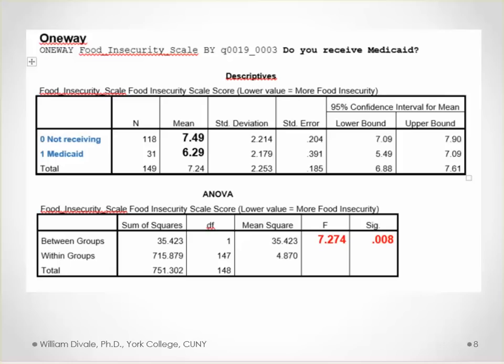In other words, if this study was done 1,000 times, only 8 of those times would we find differences in food insecurity this great or even greater if there was truly no difference between people who received Medicaid or did not and food insecurity. So people on Medicaid tend to be more insecure about food.